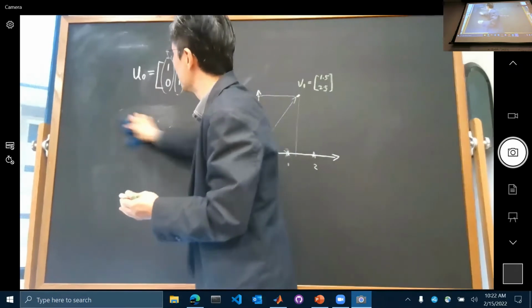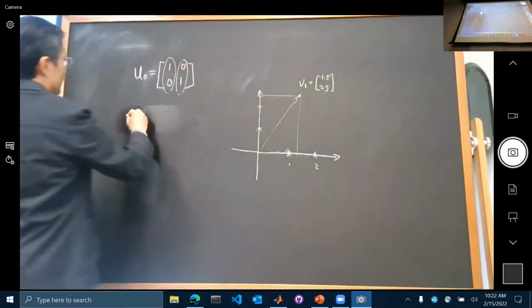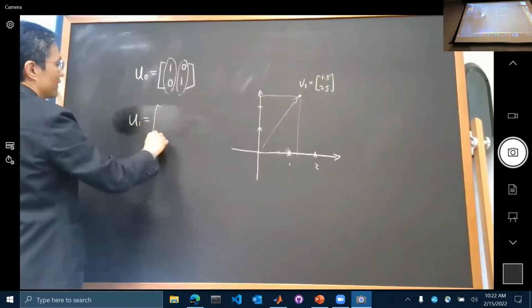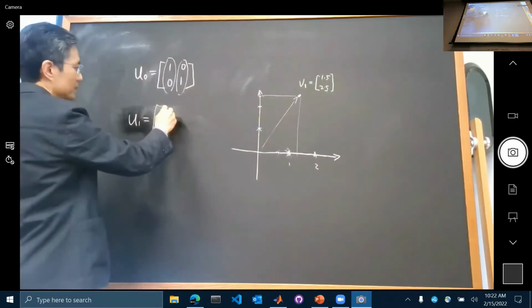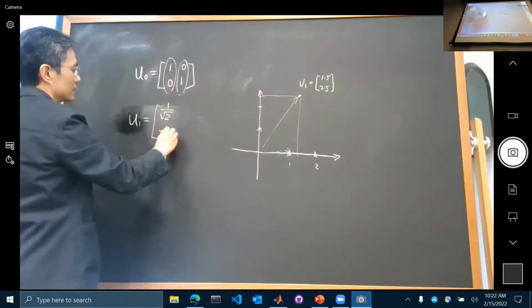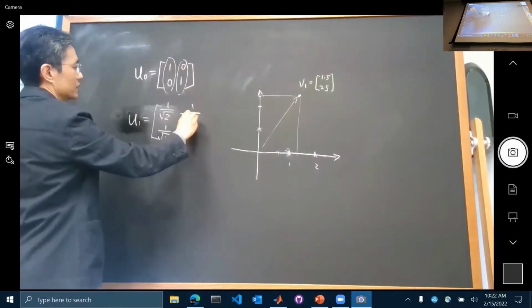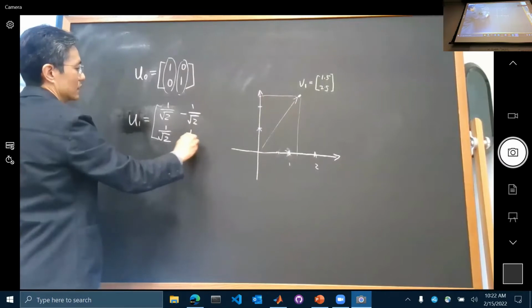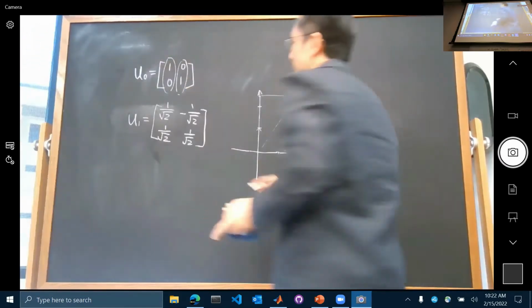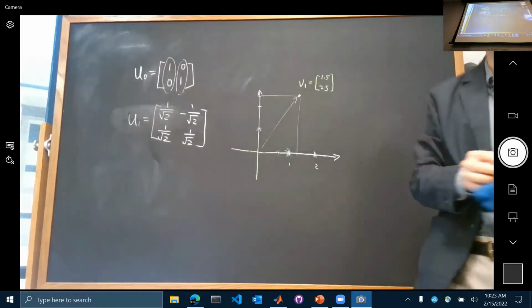So I'm going to use another one, U1, as an example, with 1 over square root of 2 and minus. This funny-looking matrix is another example of my rotation matrix.